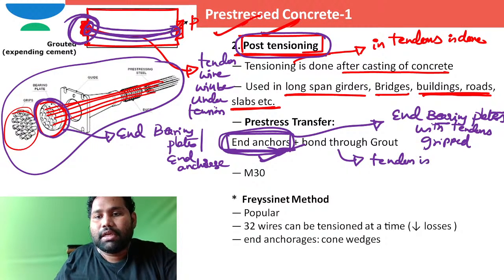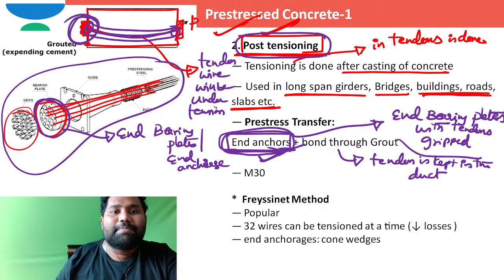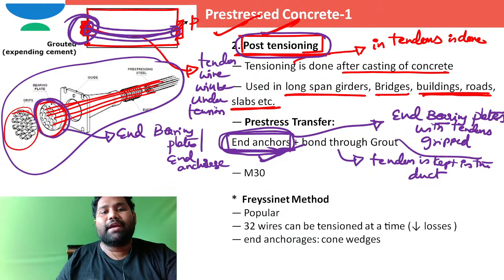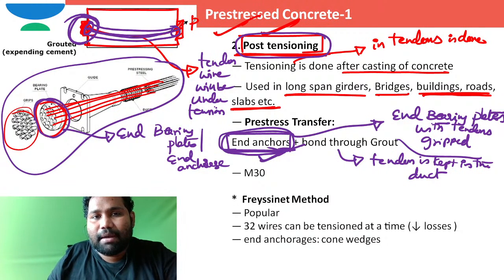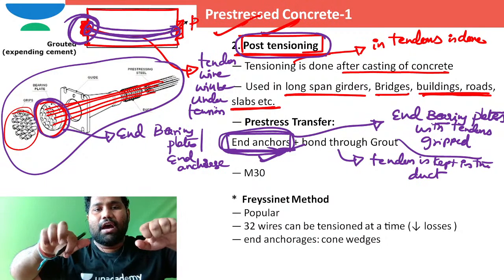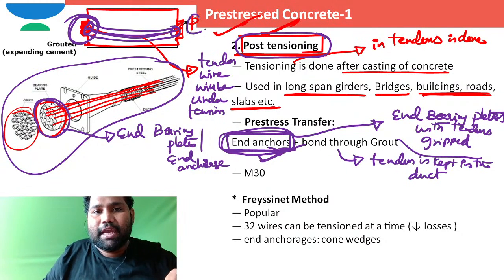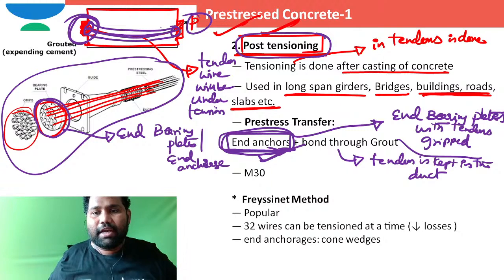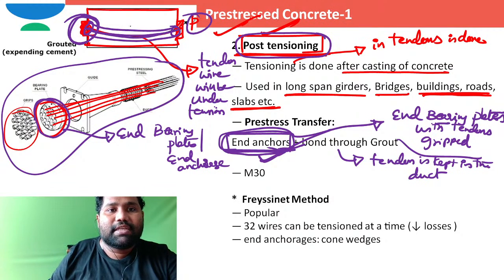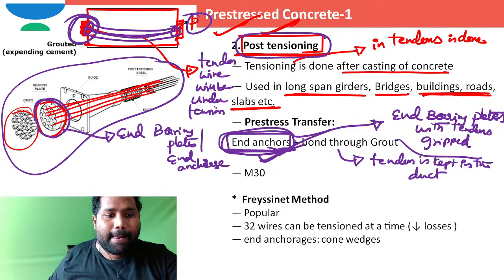After the tendon is kept in the duct and some tension force is applied from the tendon onto the surrounding concrete, with the help of these elements called anchorages, there will be some gap between them. I hope you can see there is some gap.